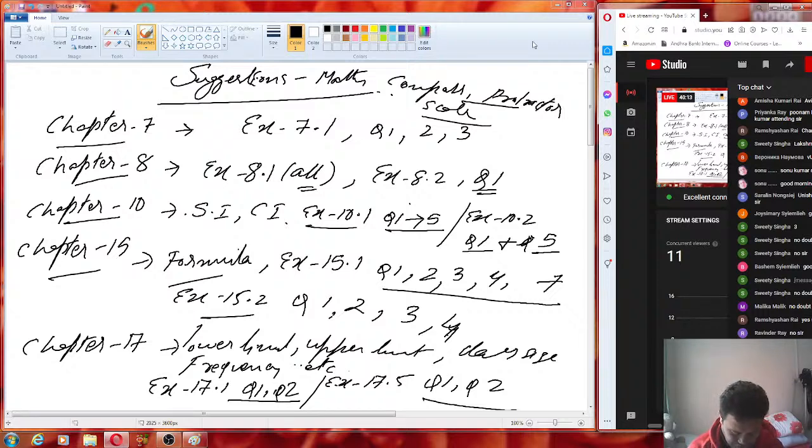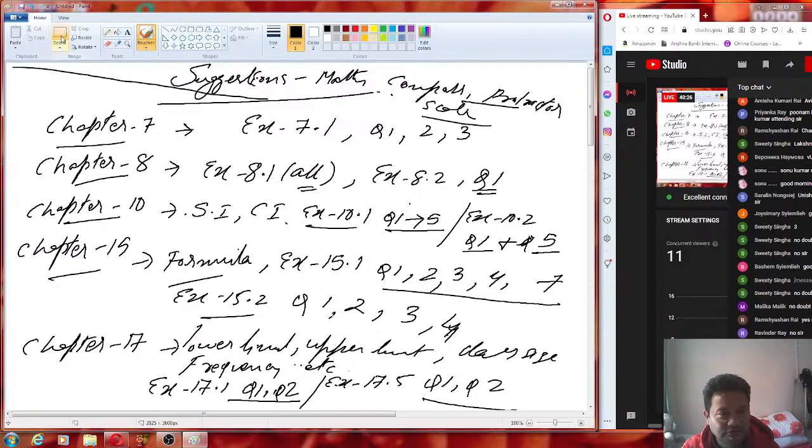Alright then. So if there's no doubt, now we are left with the science. So let's talk about science now. First, let me just remove this part.